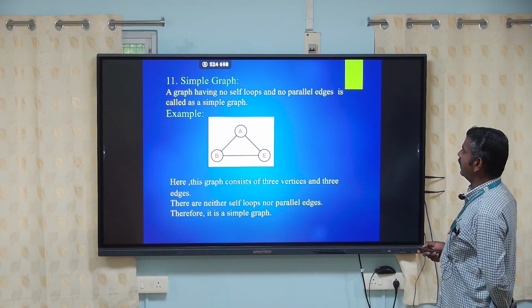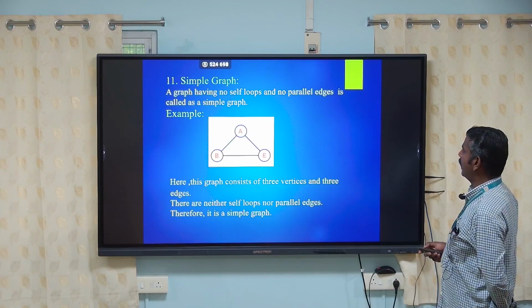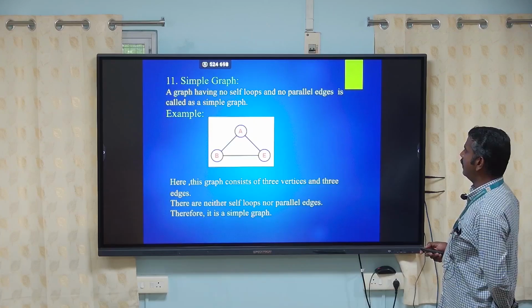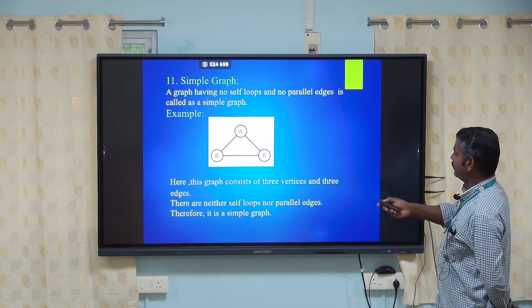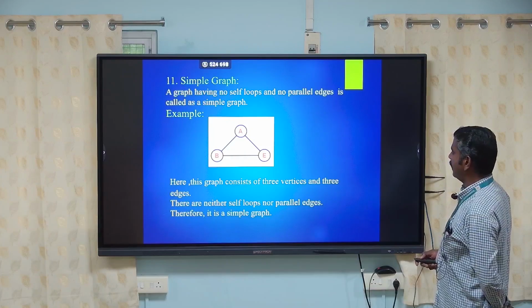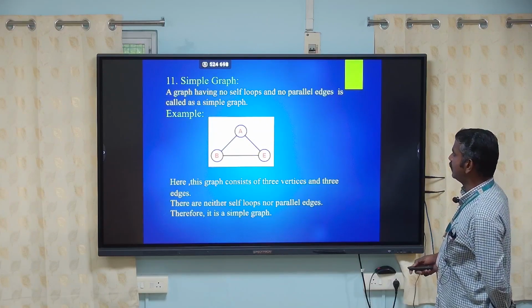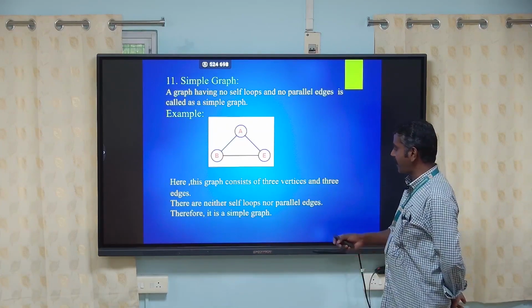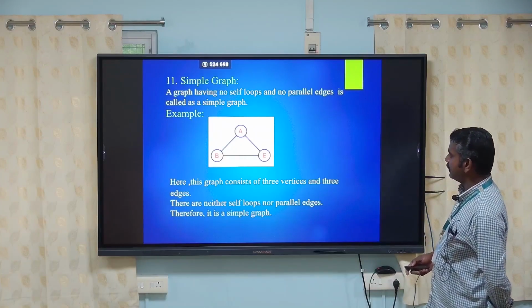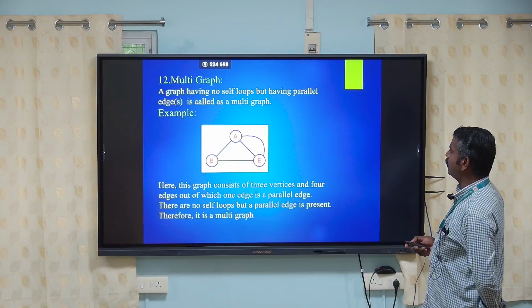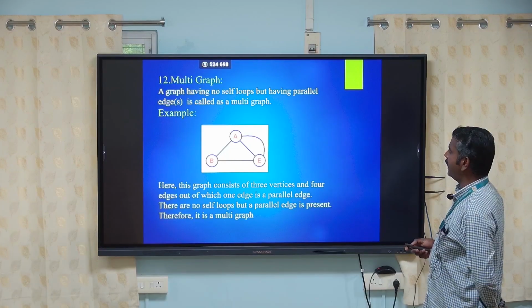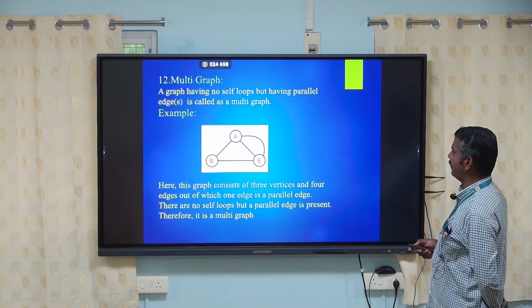Simple graph. A graph having no self-loops and no parallel edges is called a simple graph. For example, here this graph consists of 3 vertices and 3 edges. There are neither self-loops nor parallel edges. Therefore, it is called a simple graph. Multigraph. A graph having no self-loops but having parallel edges is called a multigraph.